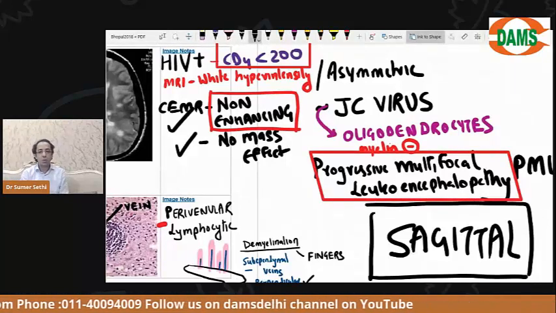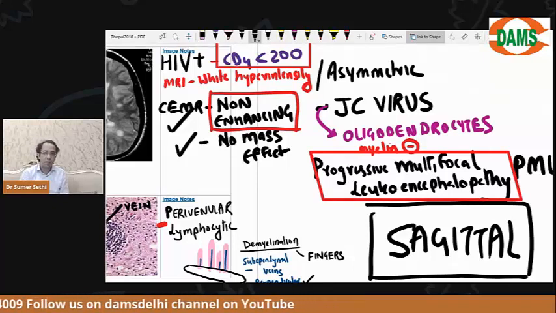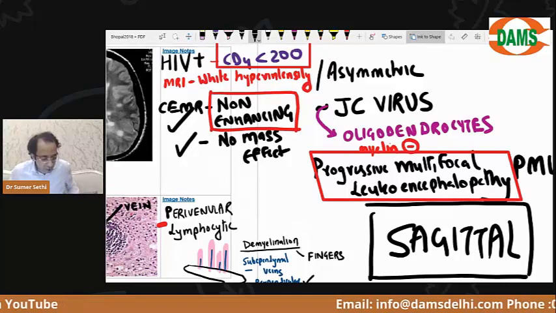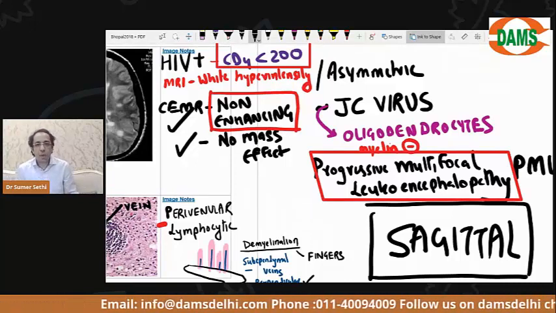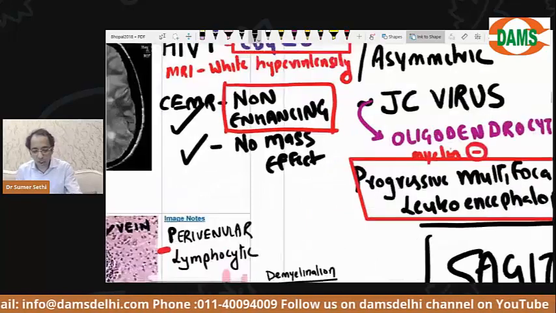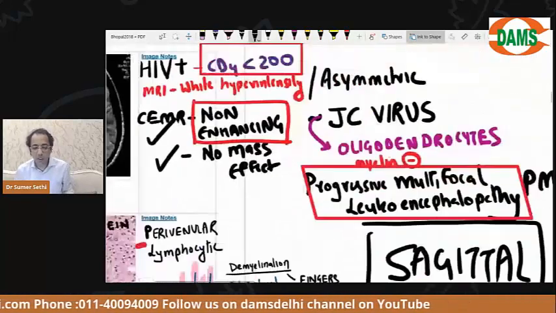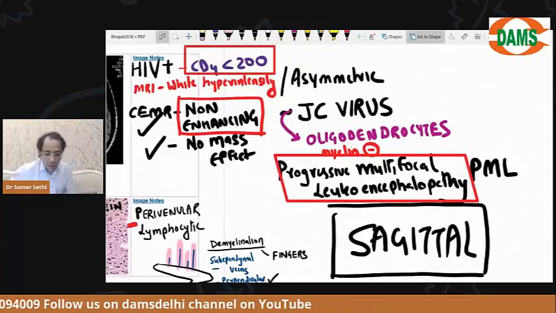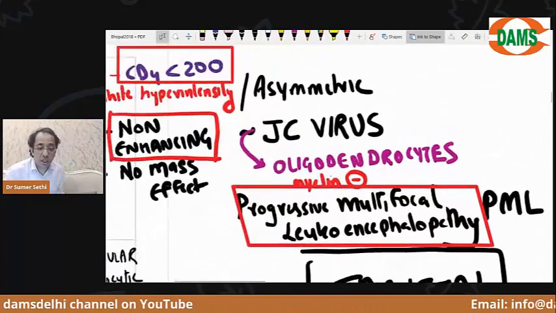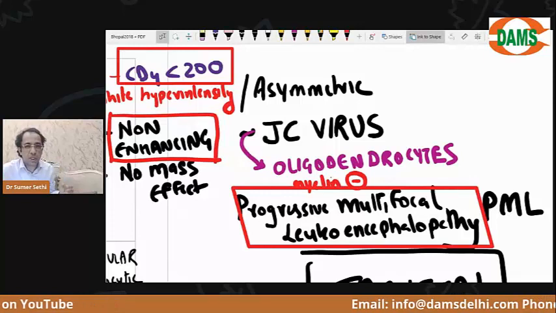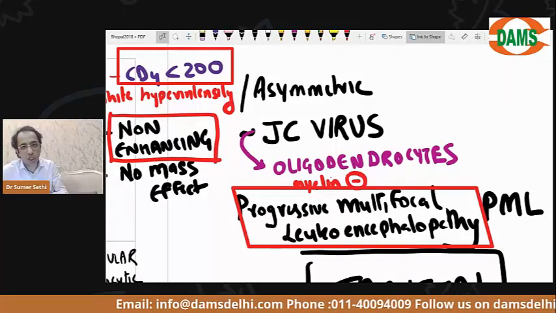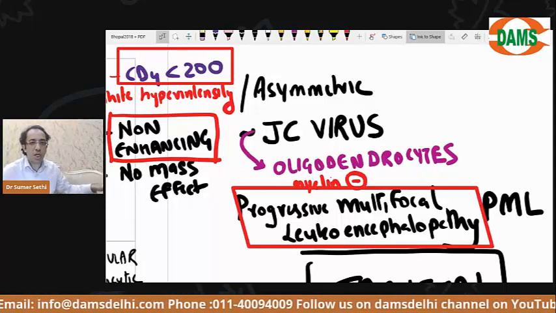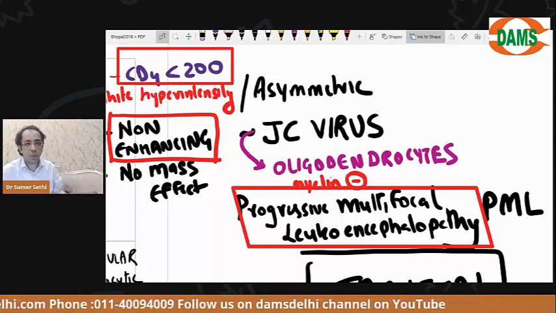So this is how MCQs are framed in an integrated manner. Do you understand how we approach the question? When I say a white matter disorder in an HIV positive patient which is non-enhancing, no mass effect, that makes me think of PML. Now you might say, sir, it is a viral infection so there should be inflammation here. Children, see, this virus is not destroying myelin by inflammation; it is causing inclusions in oligodendrocytes.